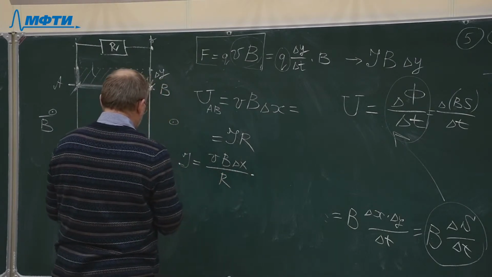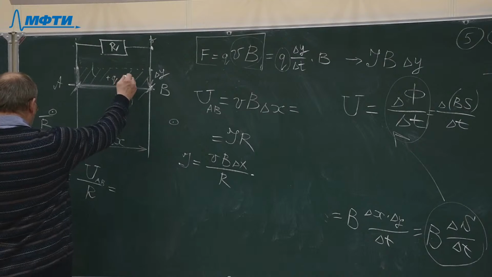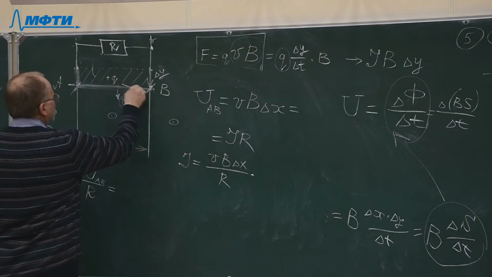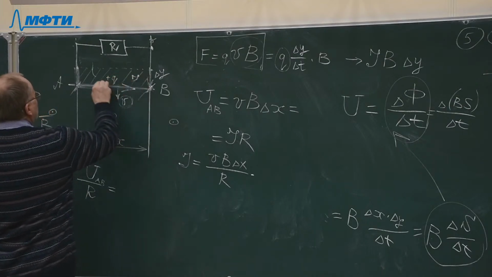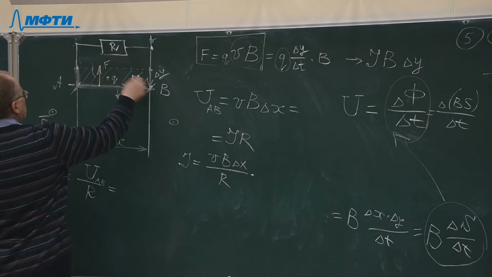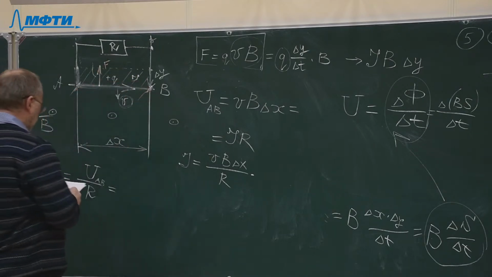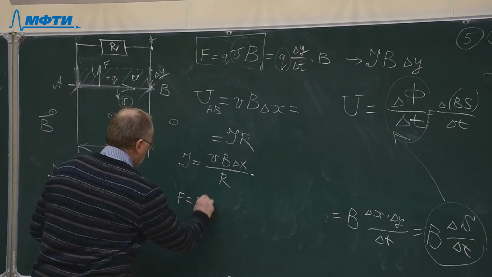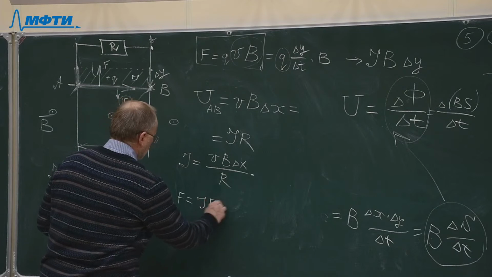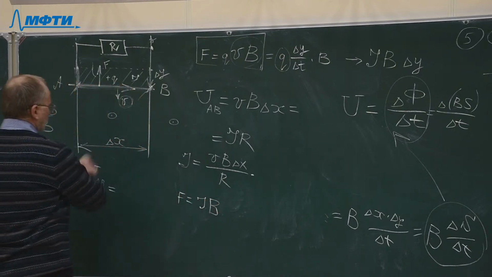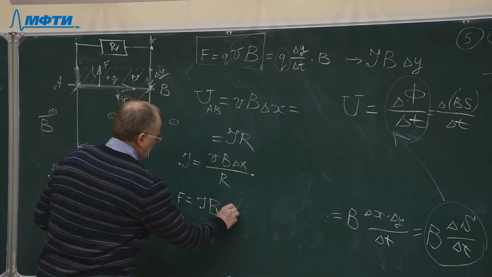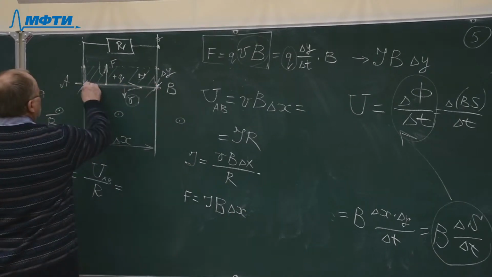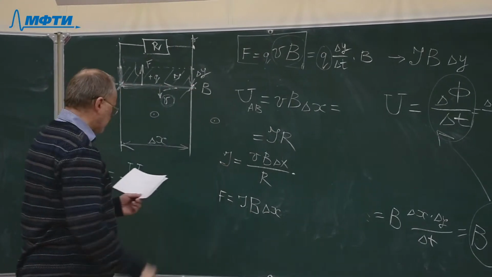And so if there is a current, then there must be a force. If there is a current in this direction, there must be a force applied to this conductor, and the force applied to the conductor is proportional to the current, proportional to the magnetic field inductance, and proportional to the length of this rod.